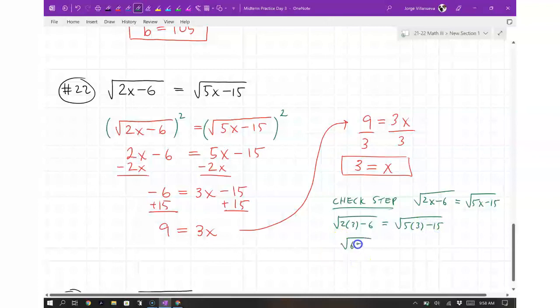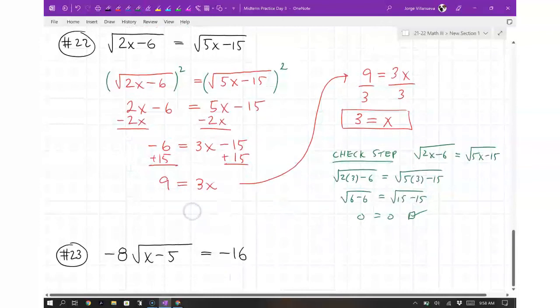So that's 6 minus 6 equal to 15 minus 15. That's just 0 equals 0. That's what you get when you check it. 0 equals 0 is true. So therefore x is equal to 3.